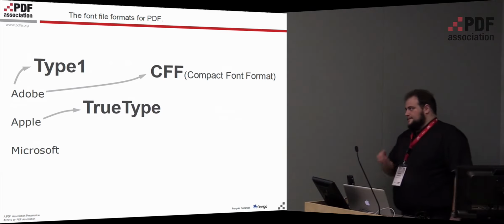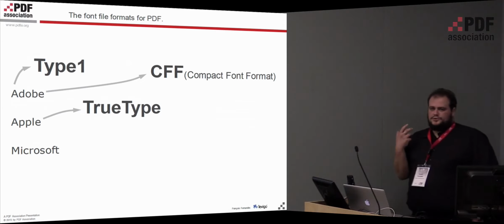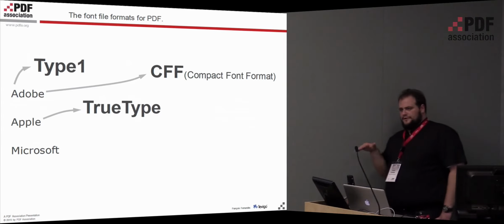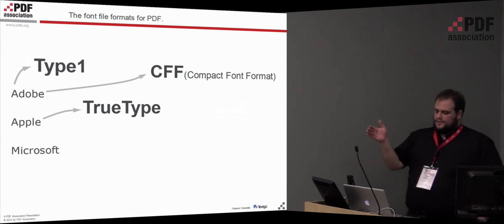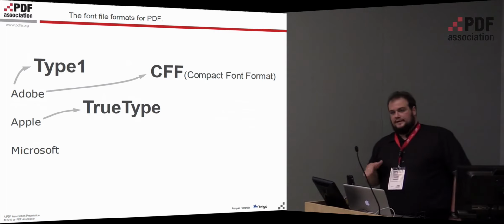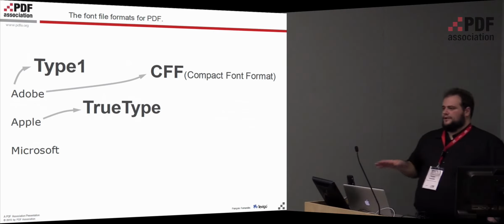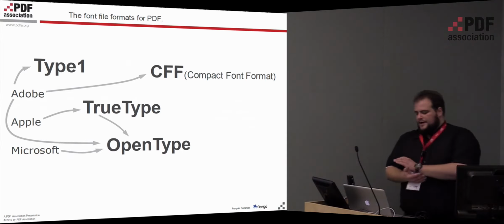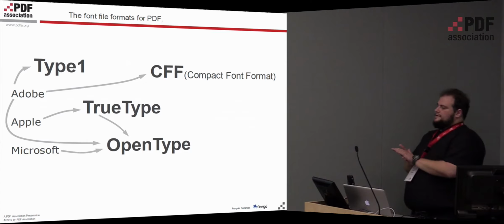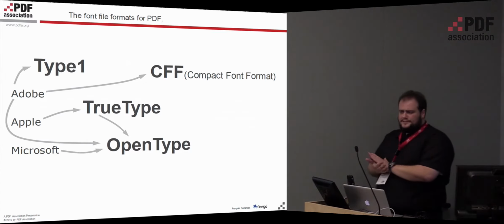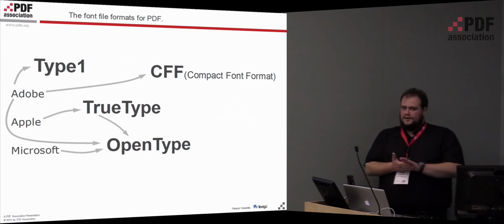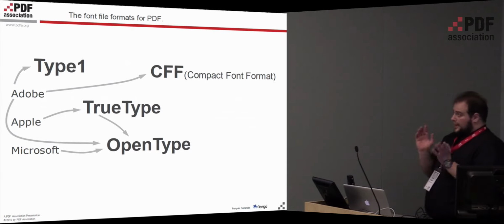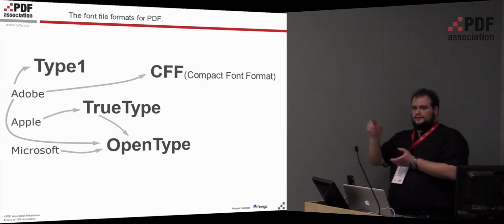Apple, on the other side, specified what is known as TrueType. It has some other kinds of curves compared to Type 1, and in addition, it has always been a full binary format. And based on that, Adobe and Microsoft together specified OpenType. OpenType is actually an extension of TrueType in a lot of directions, for example, including raster graphics and including things like the compact font format.